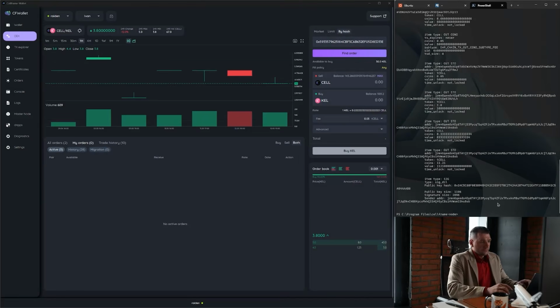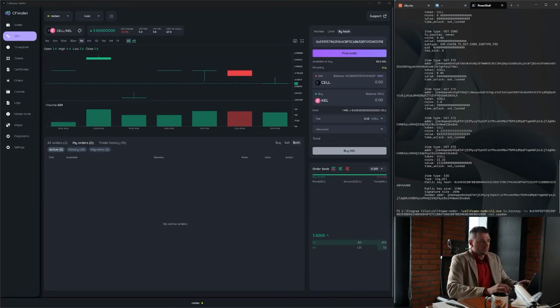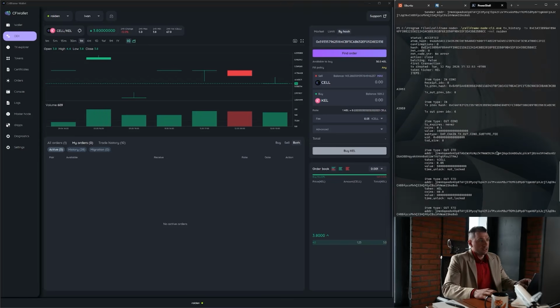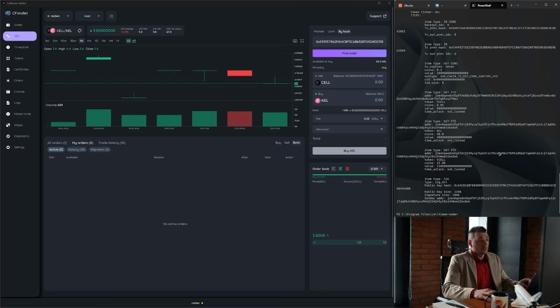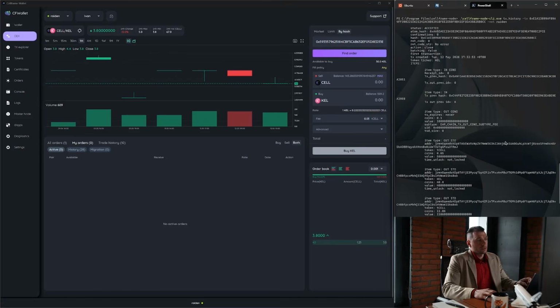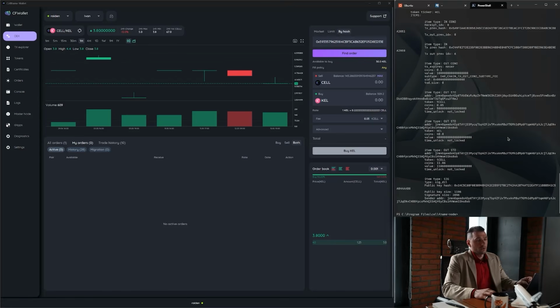And we'll see a cancellation transaction on chain. So here, 40.0 Kel returned back to Ivan's wallet address. And no more conditional output available for further trading.